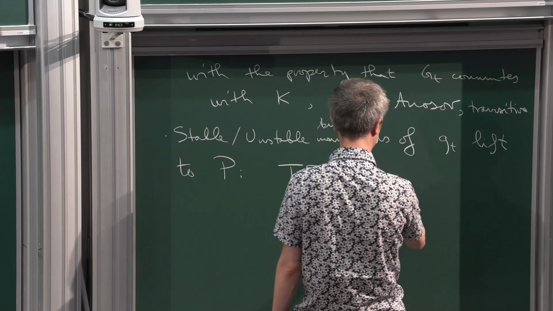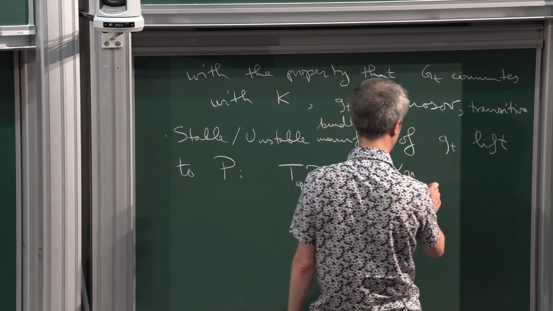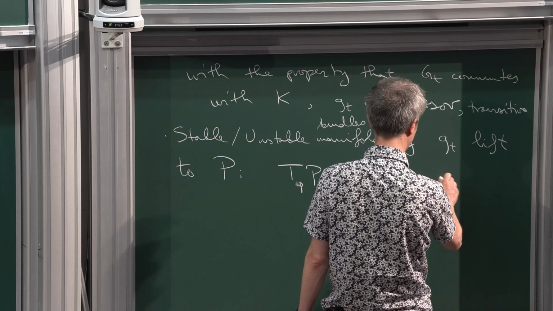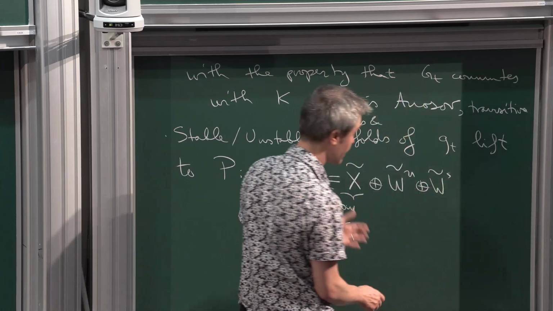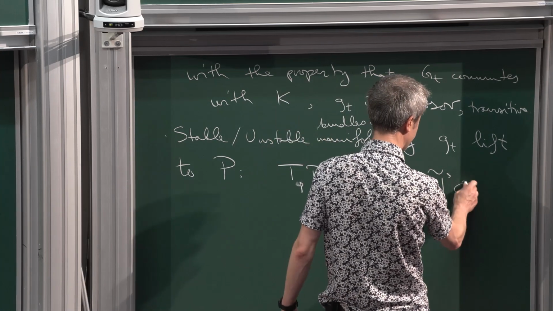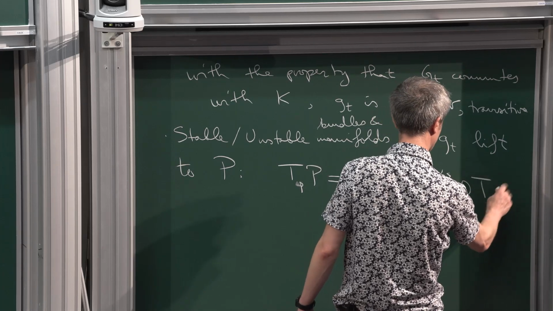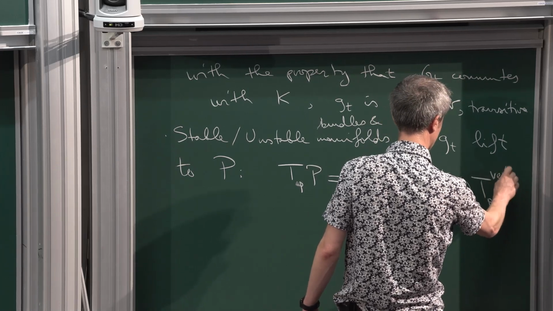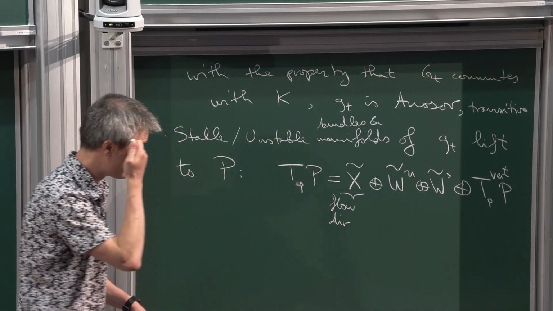And then we have an unstable direction, the lift of the tangent unstable, the lift of the tangent stable. And then we have the vertical direction. Okay.